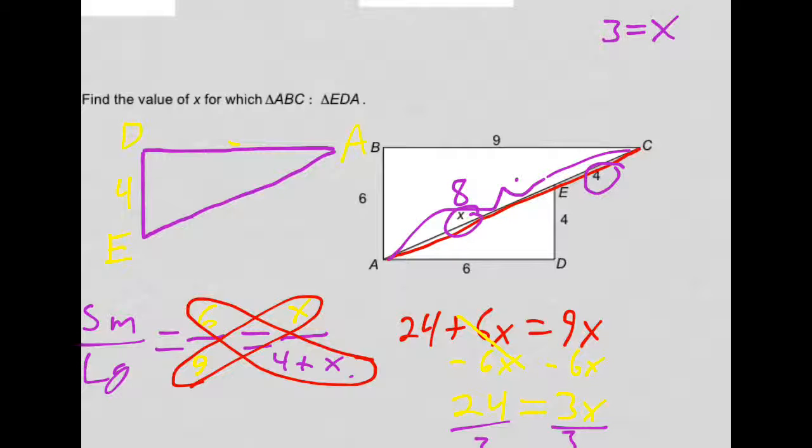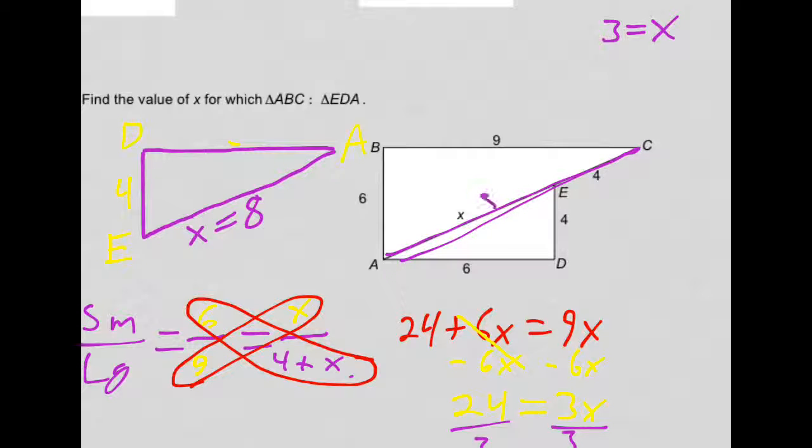And I can check it if I want to. I know that my EA was x, so I can put 8 over here. I know that my new side for AC is going to be 8 plus 4, which is 12.